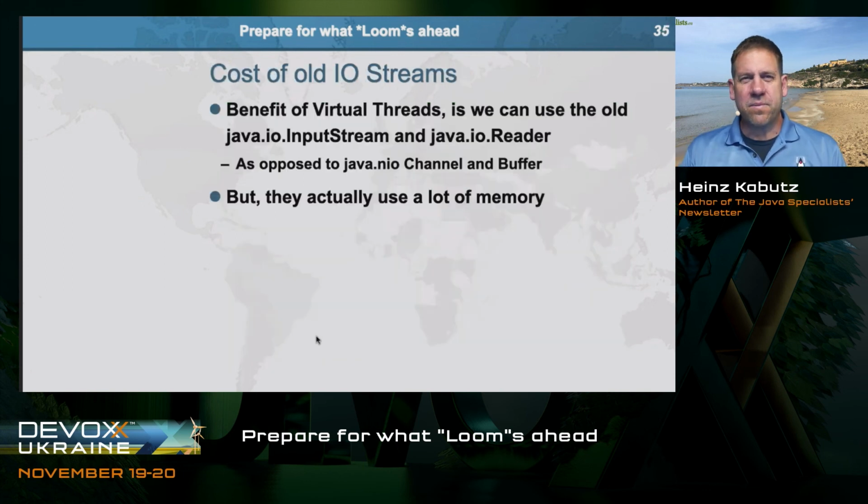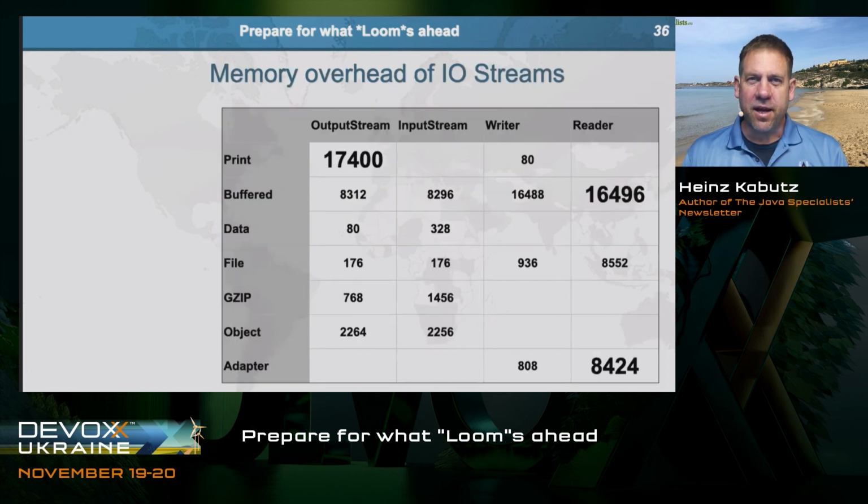Also, just because the threads are really cheap doesn't mean that everything else is cheap. For example, if you use the normal streams like a BufferedReader or a PrintStream, they're actually really expensive in terms of memory. I was quite shocked how much they use, and this is how much it uses at the moment. The PrintStream uses 17,000 bytes.